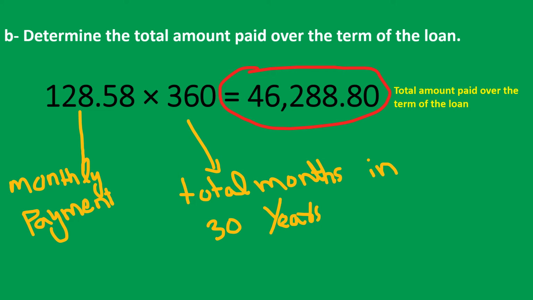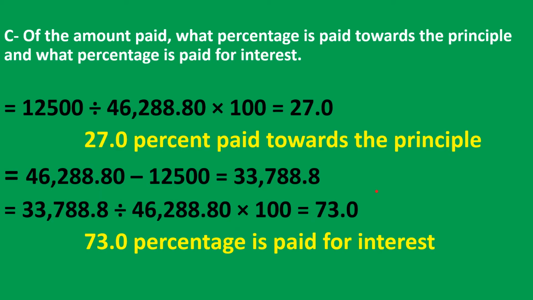Now let's jump to the C part. Pay attention, it has two questions inside. One says what percentage is paid towards the principal, and the second is what percentage is paid for the interest. First, see how I did the percentage paid towards the principal.